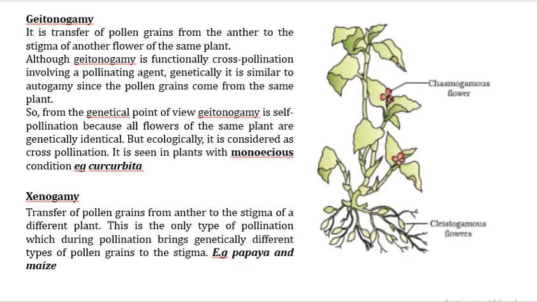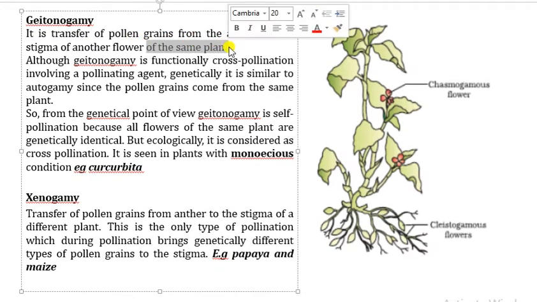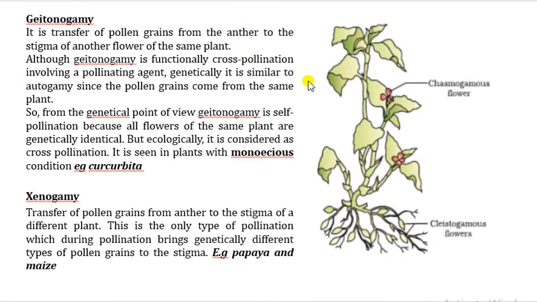Now, moving to another type of pollination, known as geitonogamy. This is another mechanism of pollination. So what is geitonogamy? It is the transfer of pollen grains from the anther to the stigma of another flower of the same plant. So here the flower is different but the plant remains the same.